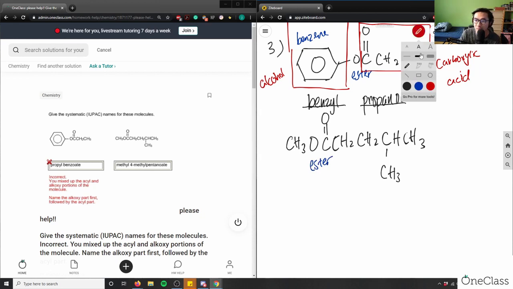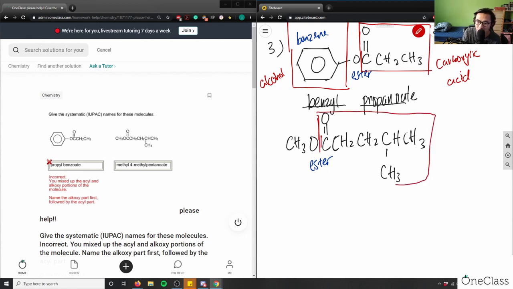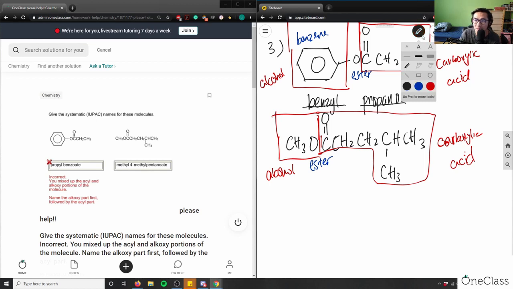I have a carboxylic acid, which is always this double bond O. This entire thing is our carboxylic acid, and then this here is our alcohol. So again, we label our alcohol first, and then the carboxylic acid, and we just simply change the ic acid to OATE, right?